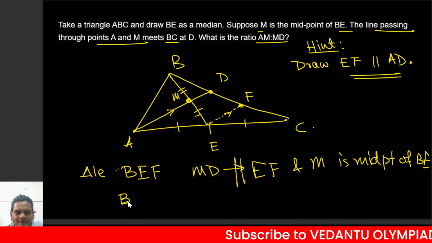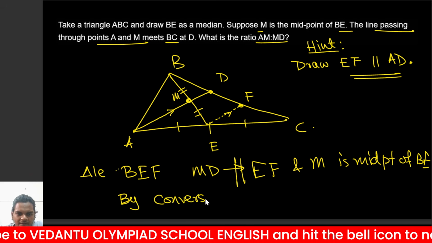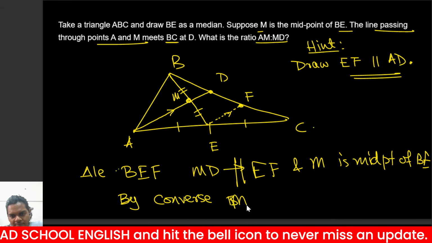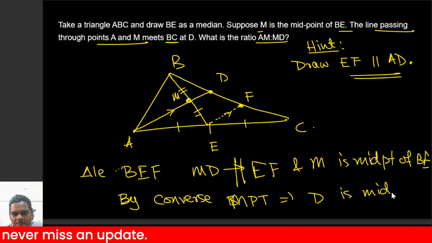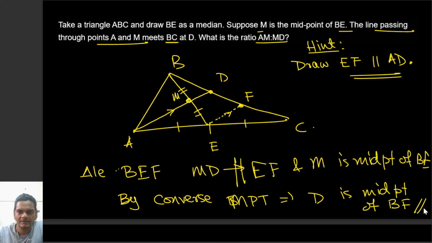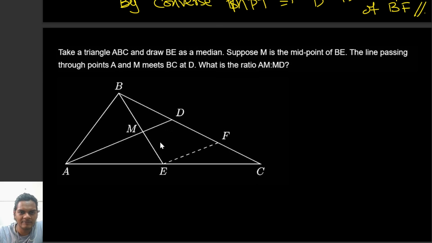So by the converse of the midpoint theorem, I hope you remember that, we will know that D is the midpoint of BF, right? So you can find the same thing drawn here much better. These two are equal. So we find that BD is equal to DF. So if this is x, this is also x.